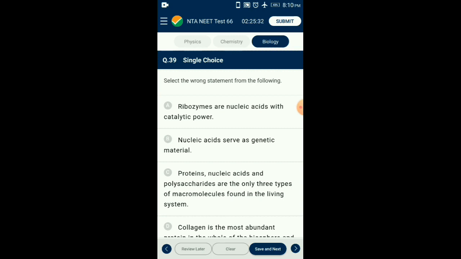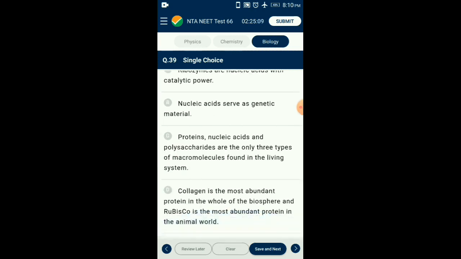Rubisco is found in the stroma of the chloroplast and has bifunctional activity, carboxylase and oxygenase. With low carbon dioxide and high oxygen, Rubisco performs oxygenase activity. With high carbon dioxide and low oxygen, Rubisco performs carboxylase activity. So the answer for this question is option D. From the given four statements, statement D is wrongly given.